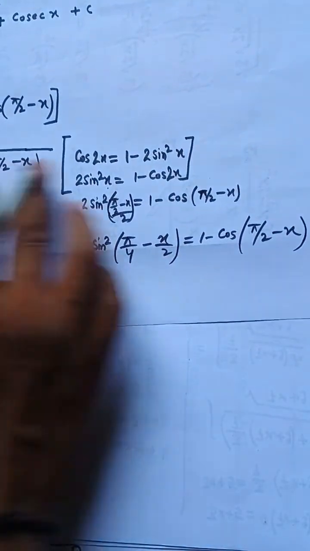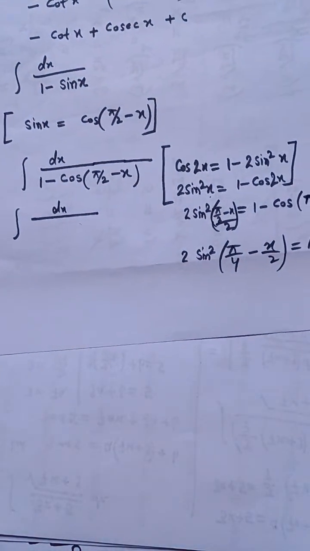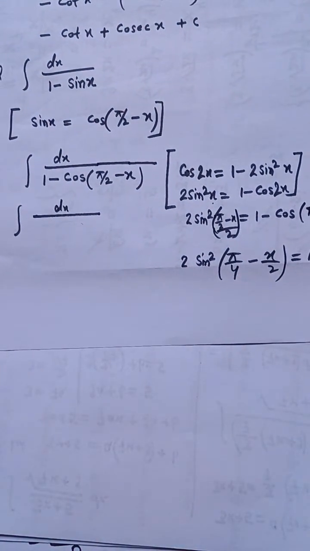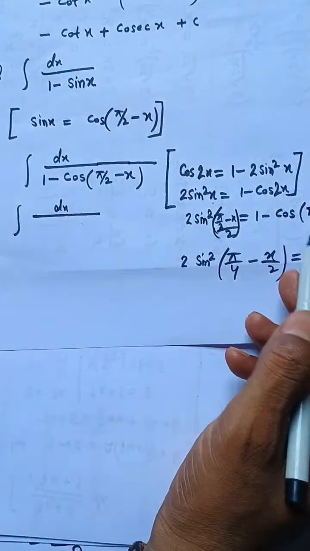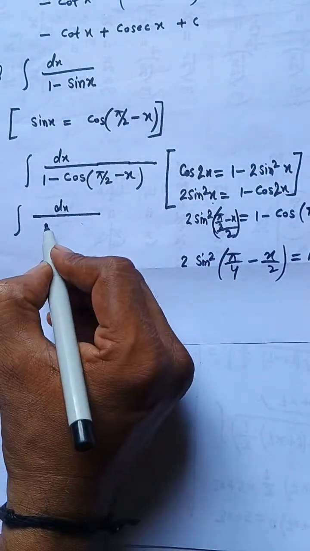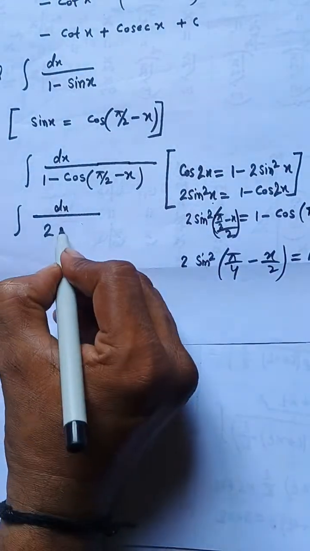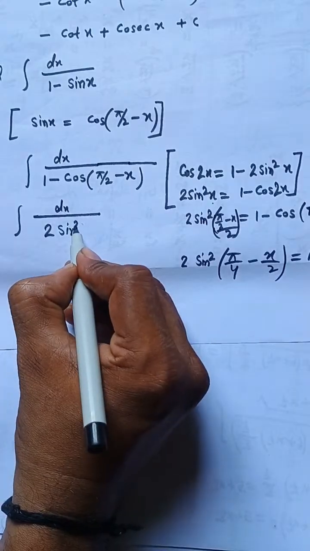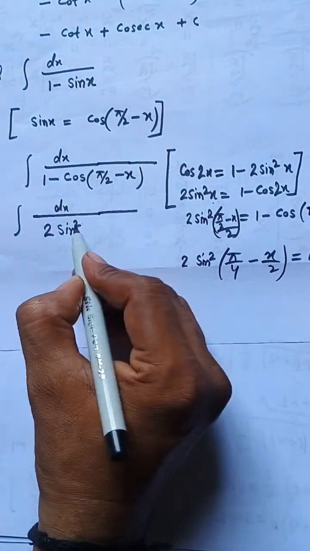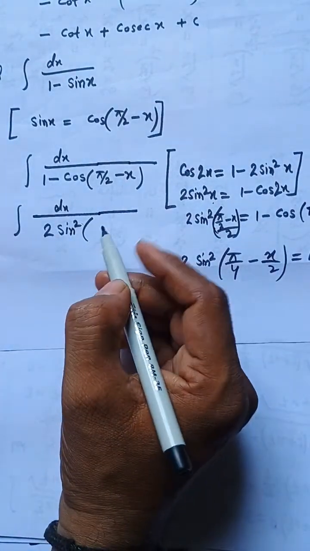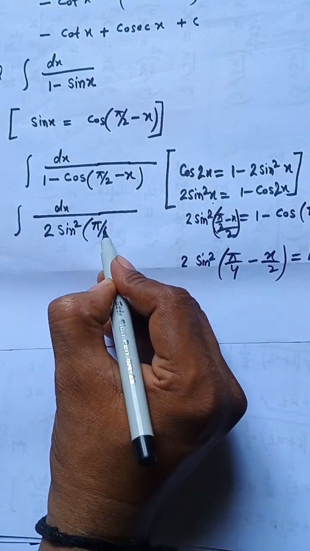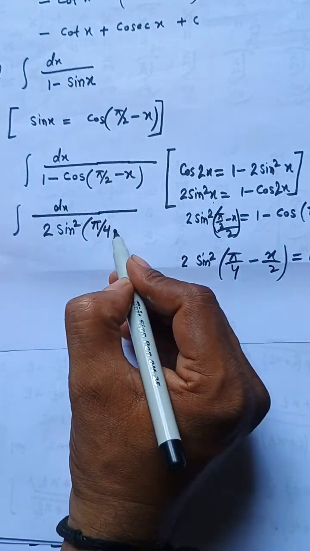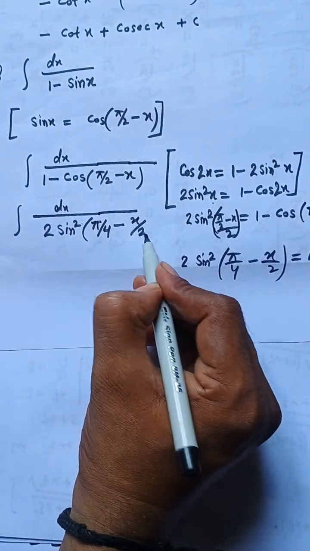Let's convert this one. 1 minus cos pi by 2 minus x is going to be changed here, that is 2 sine square, then pi by 2, pi by 4, so here pi by 4 minus x by 2.